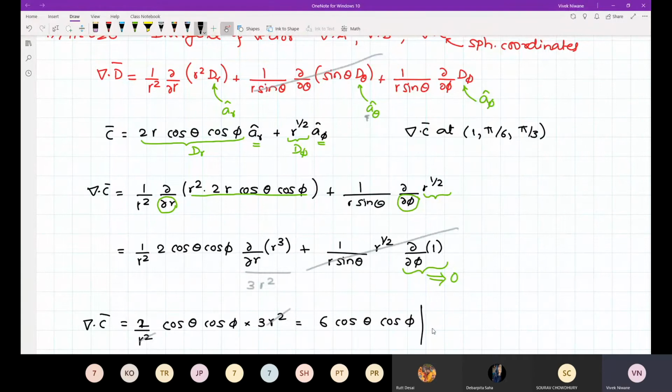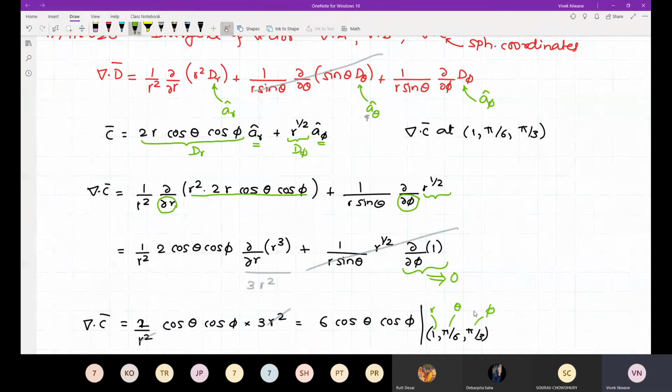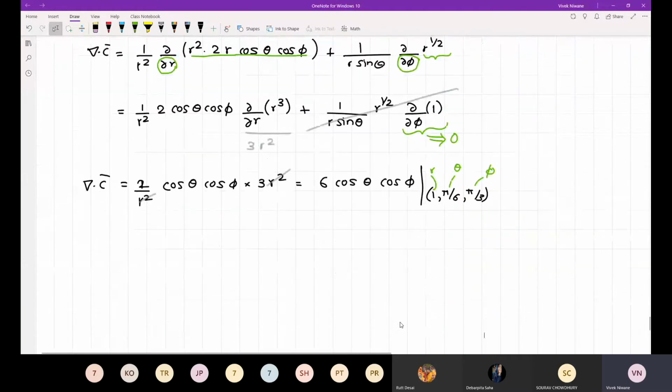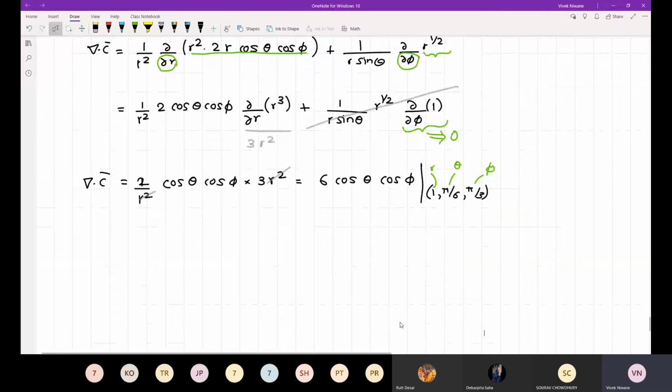We want to evaluate this at the point 1 comma pi by 6 comma pi by 3. Here 1 is the radius, pi by 6 is theta and pi by 3 is phi. Always follow the sequence r, theta, phi.